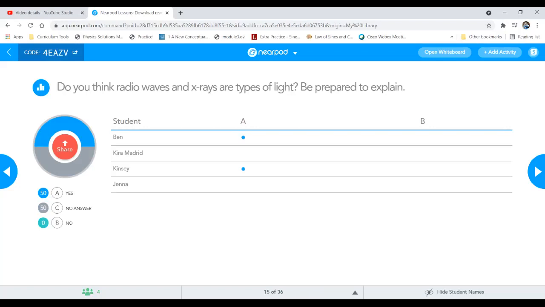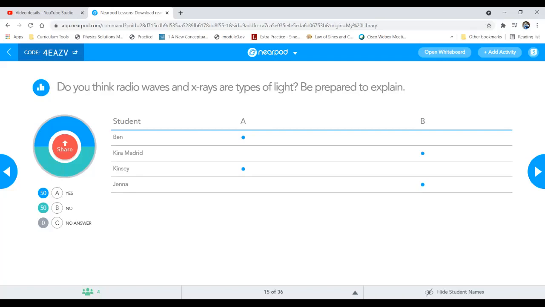Whatever you think. Okay, we've got about a 50-50 split in this room. So we've got some of you that think, yeah, I think radio waves and X-rays are a type of light.